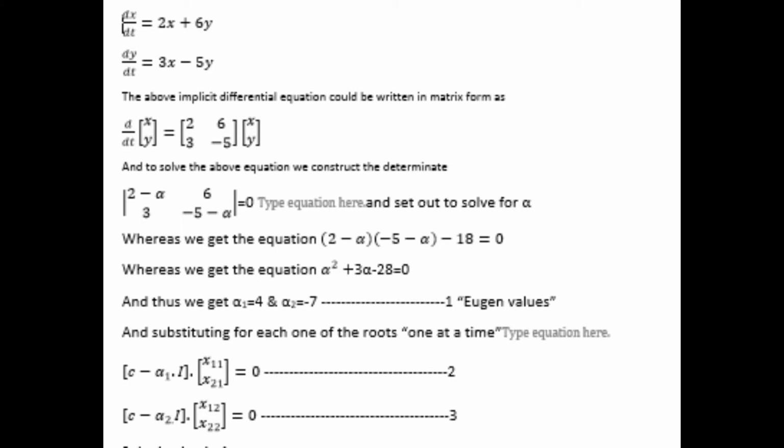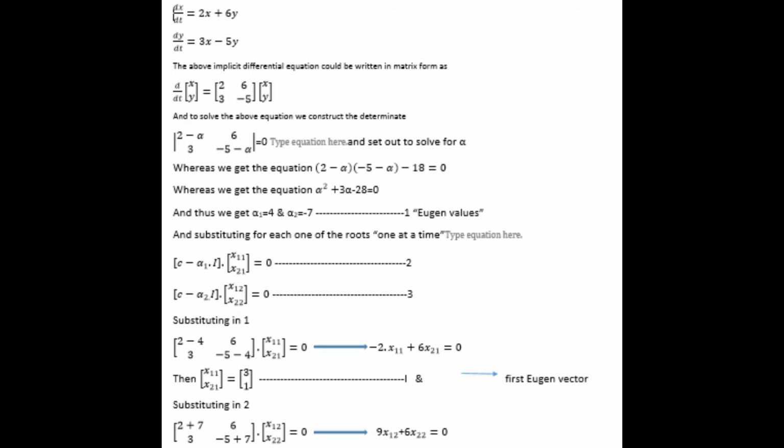Similarly, forming the second equation, C minus alpha 2 I into column matrix x12 x22 equals 0. Let's call that equation 3. And substituting in 1 the root 4, we get matrix 2 minus 4 6 3 and minus 5 minus 4 into column matrix x11 x21 equals 0.